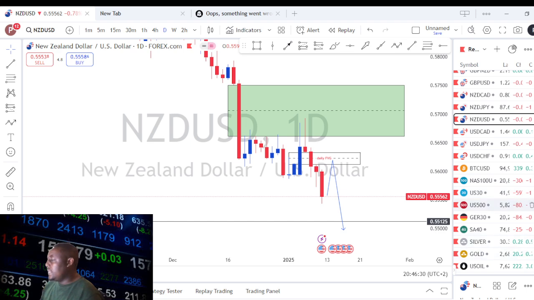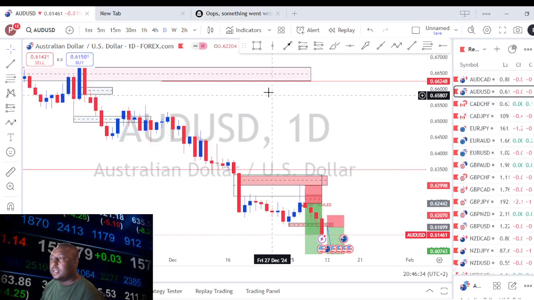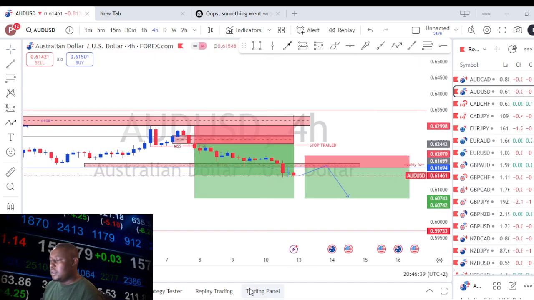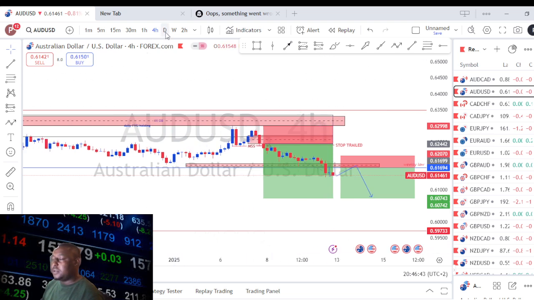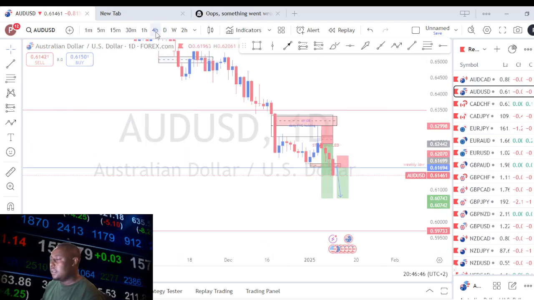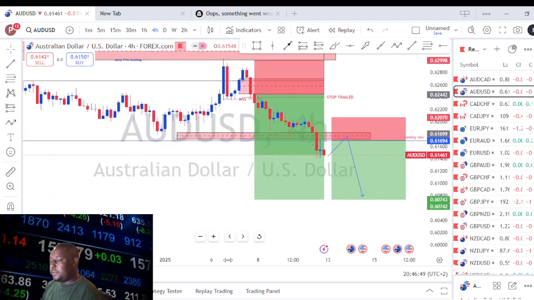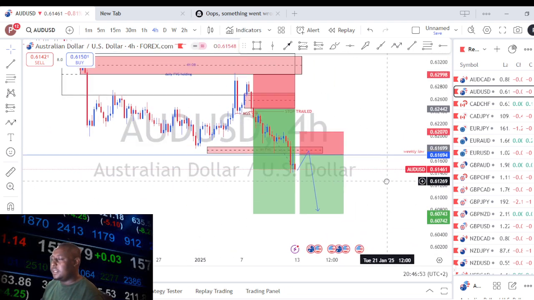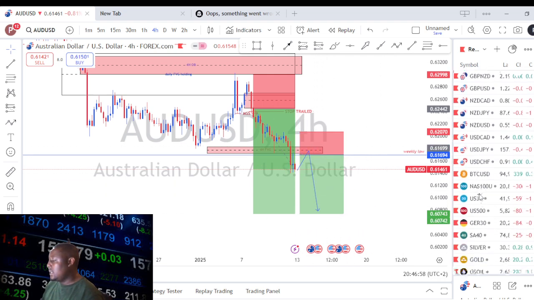But for the immediate, I have AUDUSD. When the market opens on Monday, I'm looking for a re-entry here, a retest to this level, and enter another position to the downside.